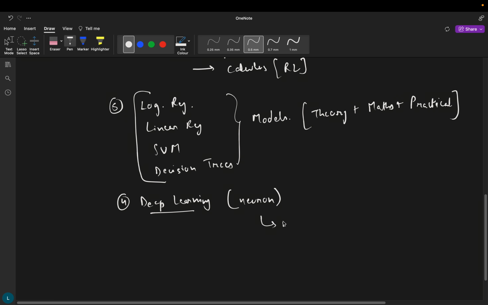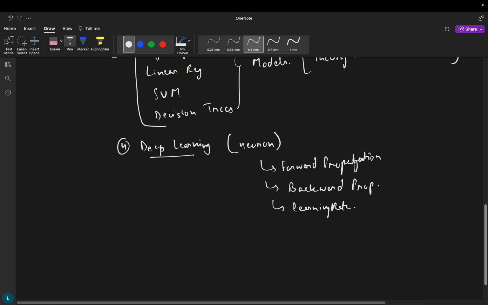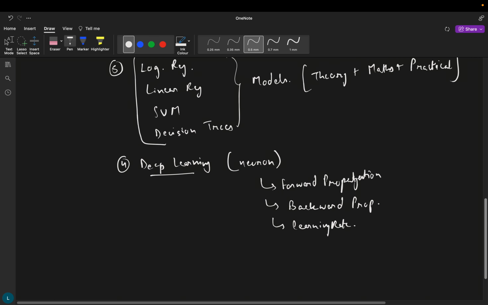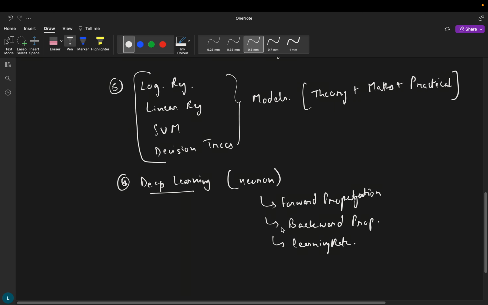There are concepts like forward propagation, backward propagation, learning rate, and many more different things in deep learning. So I would highly suggest going ahead with deep learning in step 6.